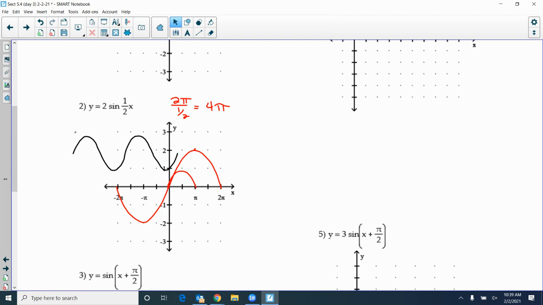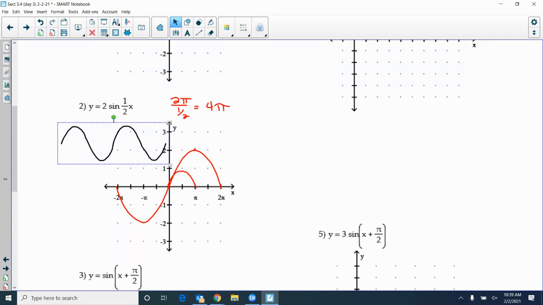Let me try and get rid of some of this stuff. But that's what it's going to look like. Normally it takes from 0 to pi to do that first little piece, but now it's going to get stretched to 0 to 2 pi. And then the same thing on the other side.